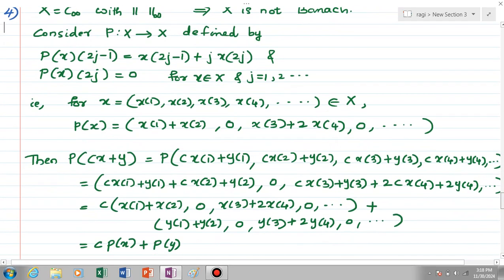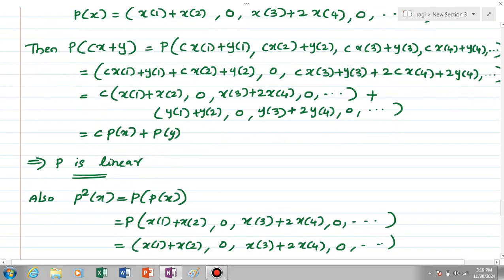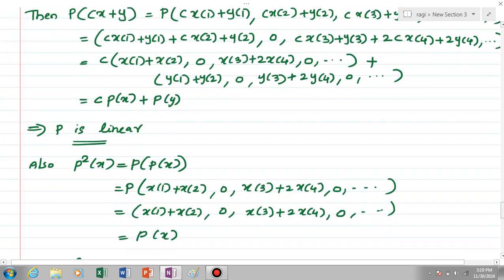Then clearly P is linear, by checking P(cx + y) = c P(x) + P(y), and also P is a projection because P squared of x is nothing but P of x. So now we have P is a linear map and a projection.